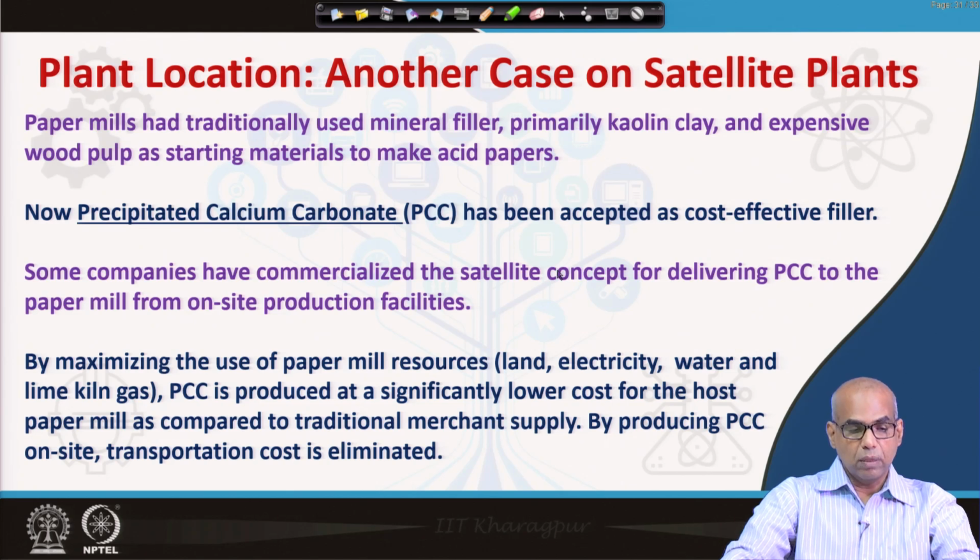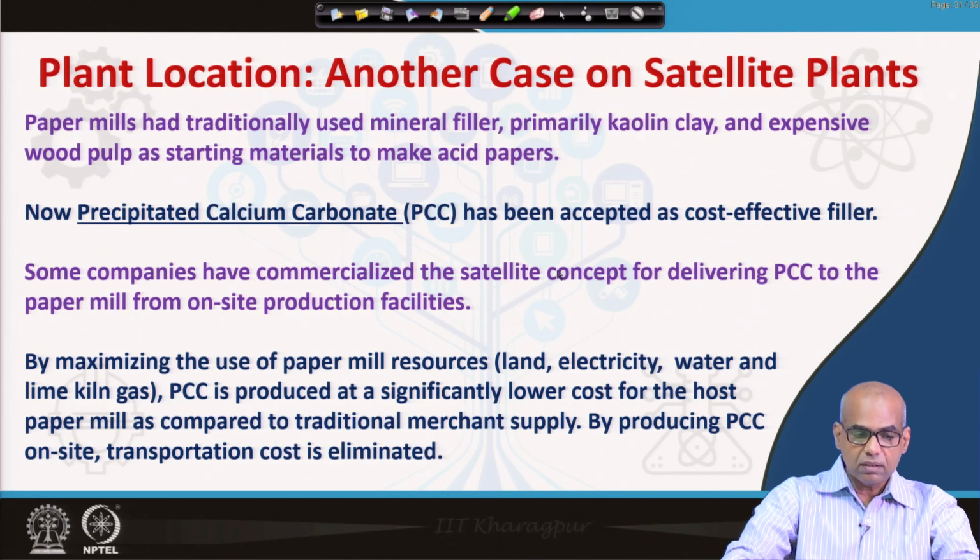So, the precipitated calcium carbonate will be produced at a significantly lower cost for the host paper mill company as compared to the case when the paper mill company would buy it from traditional companies.